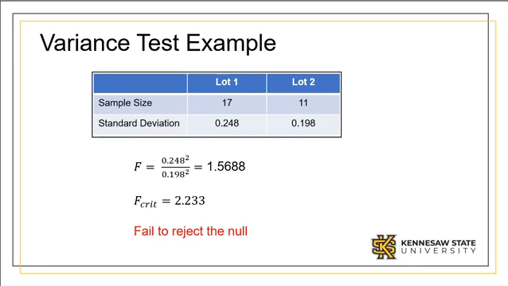The test statistic is the ratio of the variances. The critical stat with numerator degrees of freedom of 16 and denominator degrees of freedom of 10 with alpha of 0.1 in the right tail is 2.233. Since the test stat is smaller than the critical stat, we fail to reject the null. The two lots of material have the same variance.